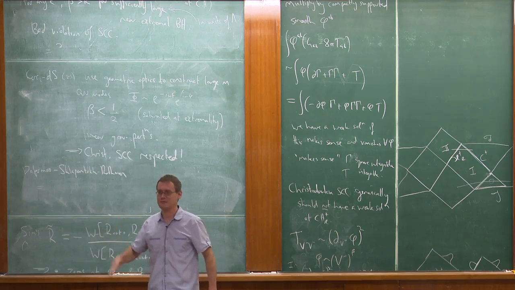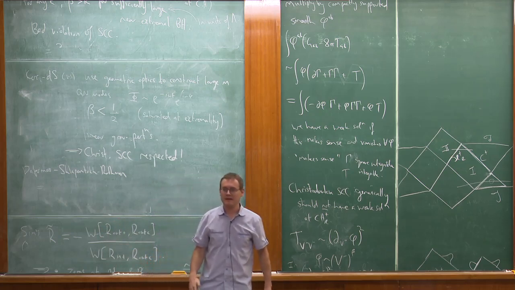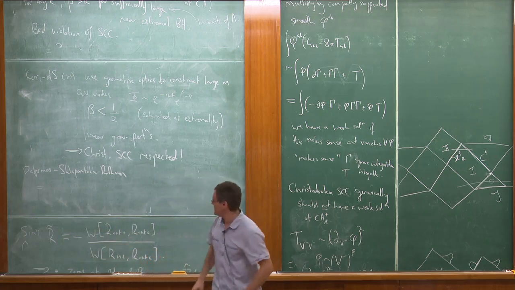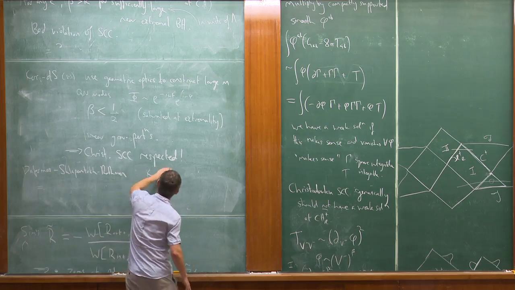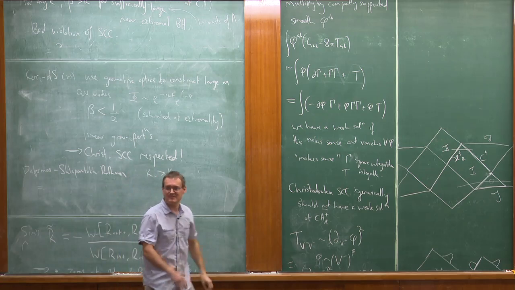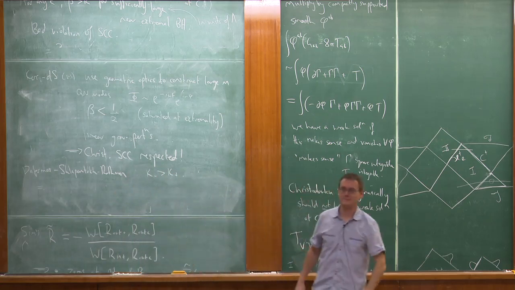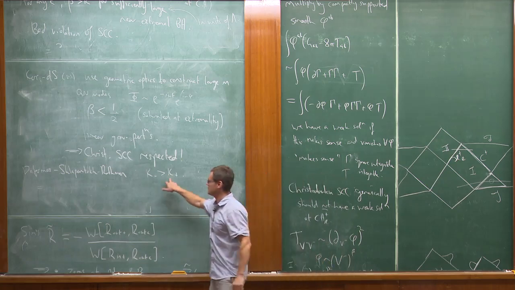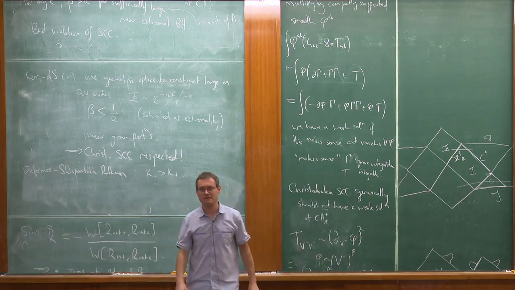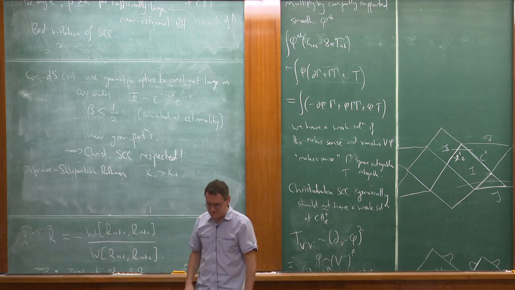That's basically what they proved. There's only one thing there, which is this inequality, which is satisfied by all the black holes I'm going to talk about. As long as the surface gravity of the Cauchy horizon is greater than the surface gravity of the event horizon, it's very easy to prove.